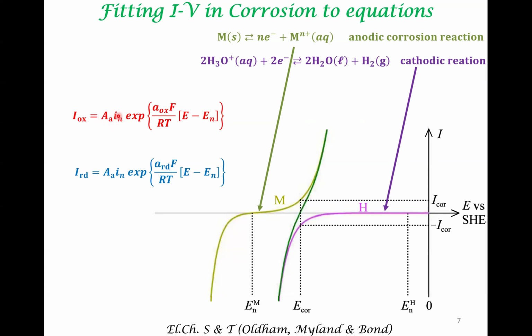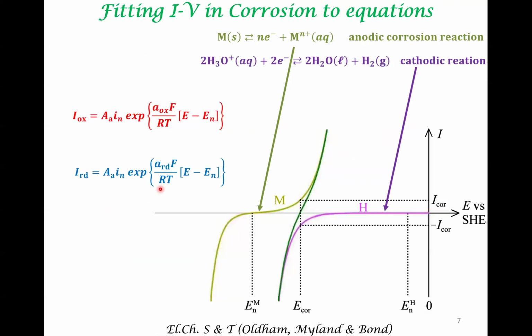Using that term, you can also think of a corrosion current density, which refers to the current represented by this particular curve, and this term corresponds to the null potential. Likewise, the violet curve can be fitted to this equation, and you would have a null potential corresponding to the cathodic reaction of a corrosion cell.